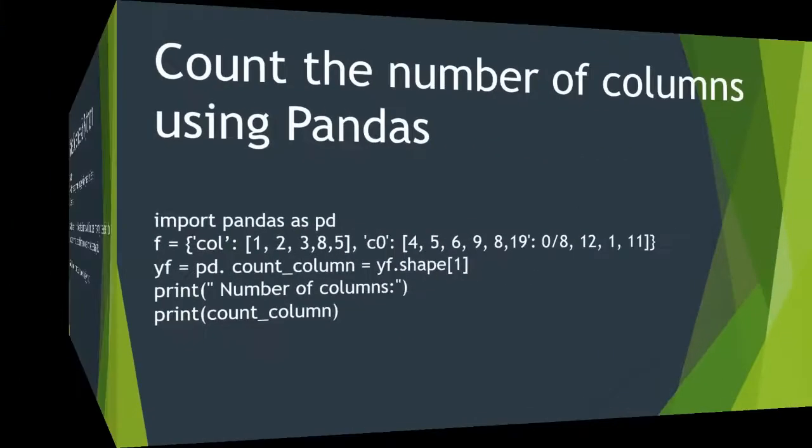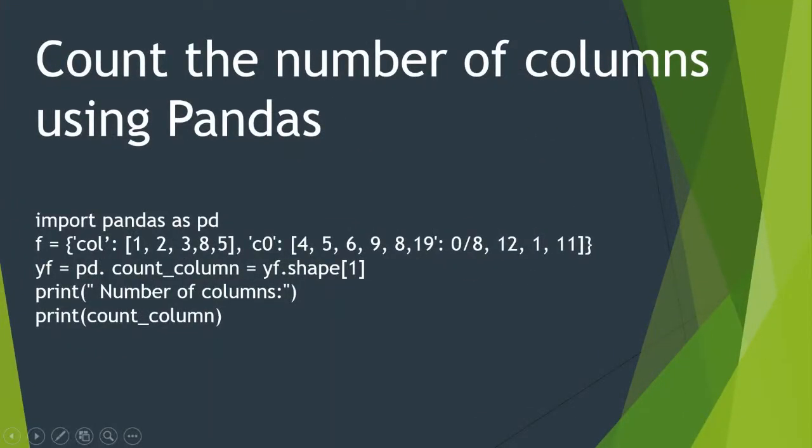Count the number of columns using pandas. Import pandas as pd. We are importing the module pandas, and then this is the variable. This is a dictionary, and we are giving a column and a variable, and here some data, and then another column, again a variable, with some data. Then df is equal to pd.count_column.